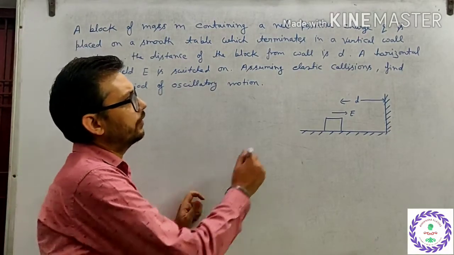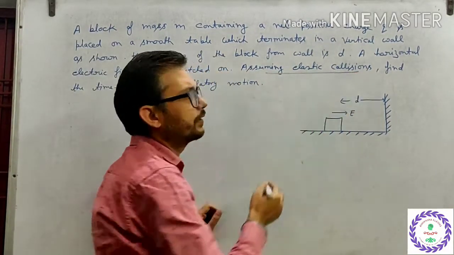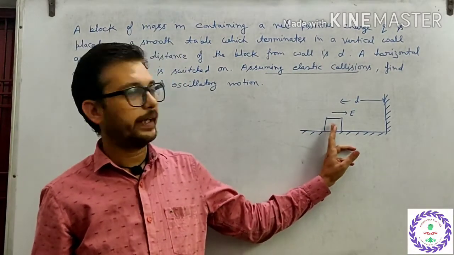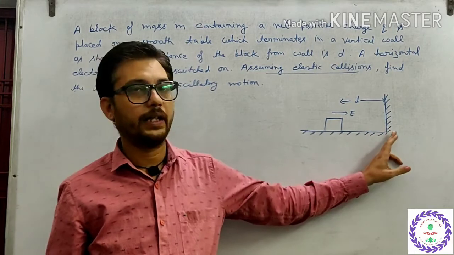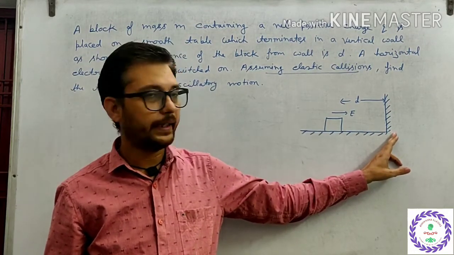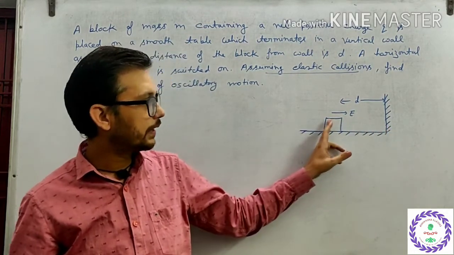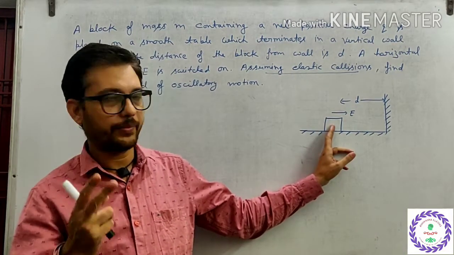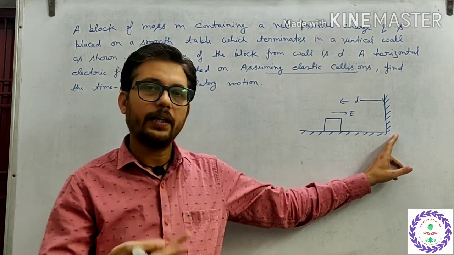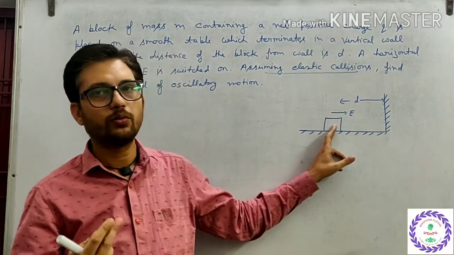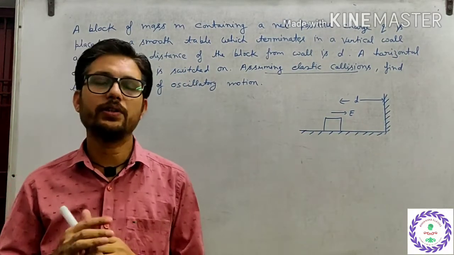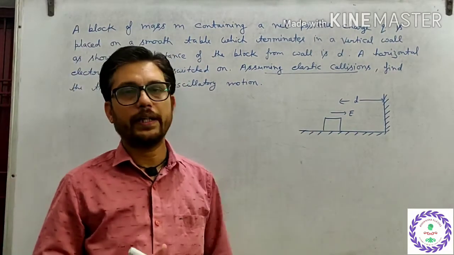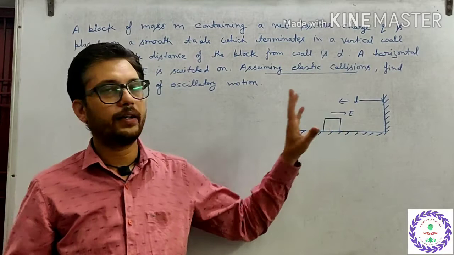Here we have assumed that the collision is elastic, which means when it collides, it comes back to the same position. It means it travels a separation D and then again travels a separation D to come back to its original position.